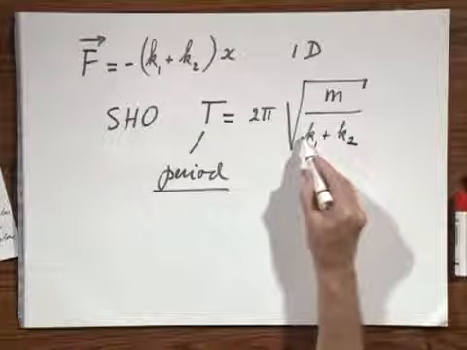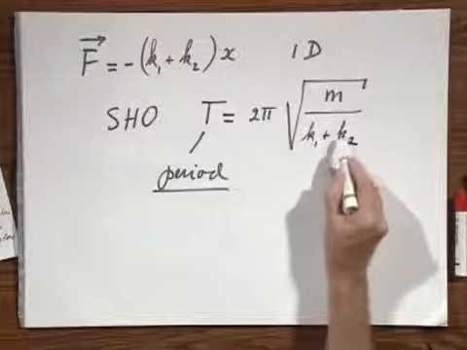That's why you see here K1 and K2. The net force on M is larger due to both springs than it would be if there were only one spring, and therefore on a given mass having a larger force, it's obvious that everything will go faster, and so the period will be shorter.